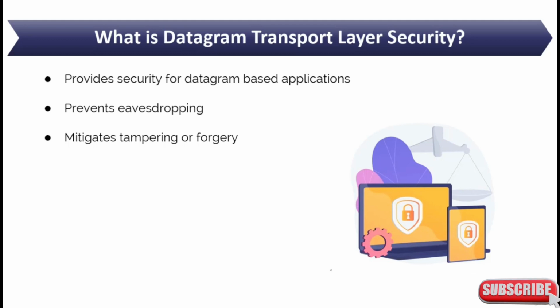So basically this protocol is meant for mitigating basic security attacks like data tampering or data forgery. It is based on the stream oriented Transport Layer Security protocol, that is the TLS protocol, and it is intended to provide similar security guarantees.